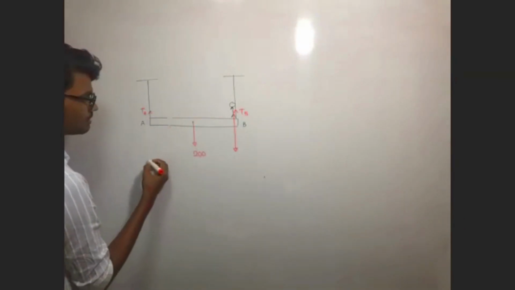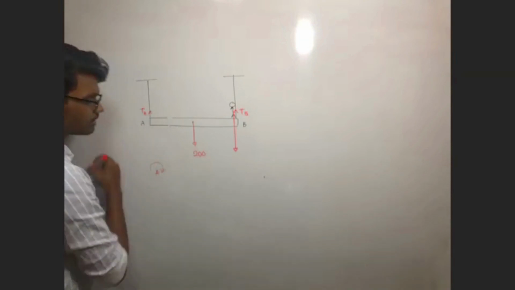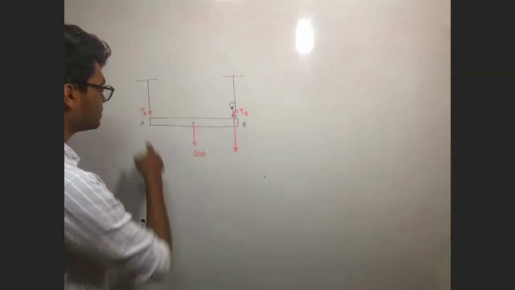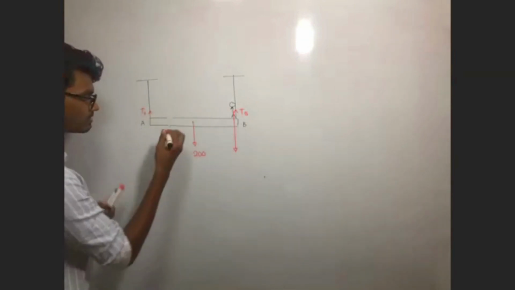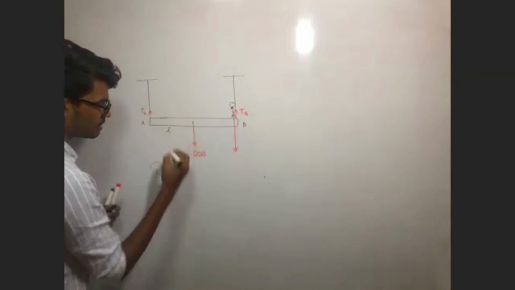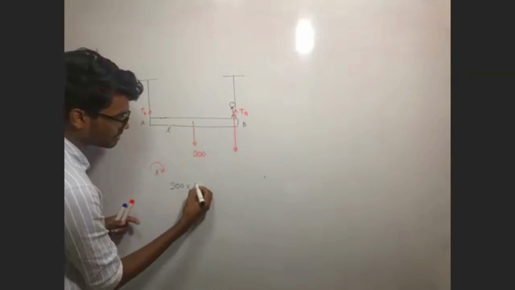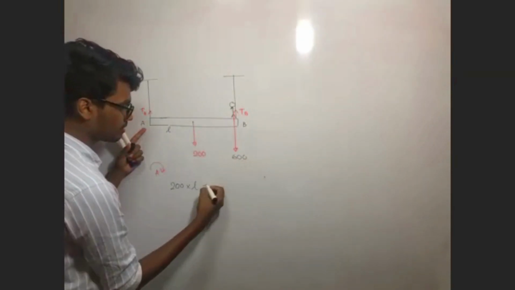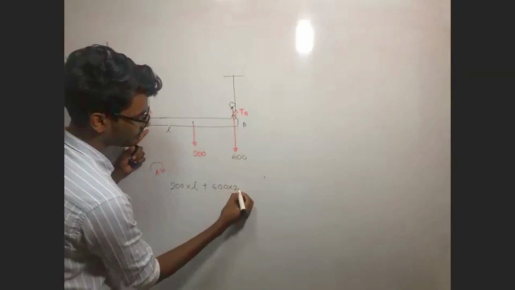So I'll find that easily by applying moment around A. A is not going to be there in the equation, right? So 200 into, let's say this is L. 200 into L. This guy 600 plus 600 into 2L, right?